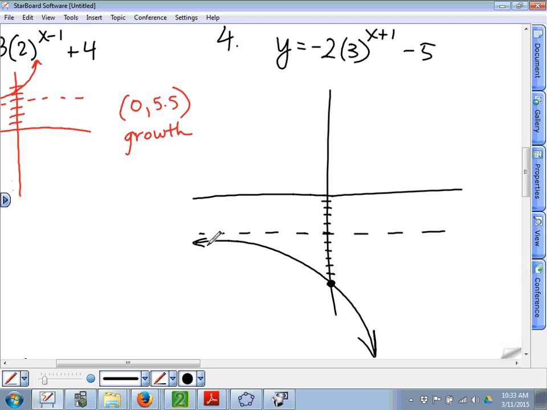How did you know it's this way and not this way? That's a good question. If the minus sign weren't there, then it would be a growth function that looked like that. So the minus sign just makes it a reflection. It flips upside down. Does that answer your question? This is still growth.